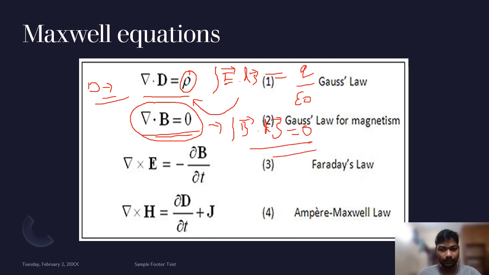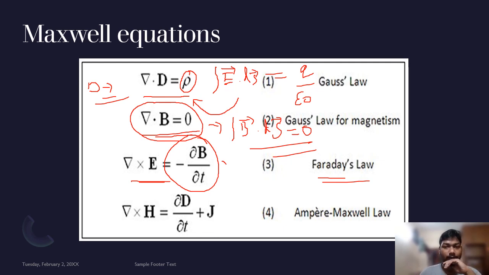The third law is known as Faraday's law. It is an important law because it signifies the relationship between the electric field and the magnetic field. Del cross E is equal to minus dB upon dt. So a changing magnetic field can produce an electric field.